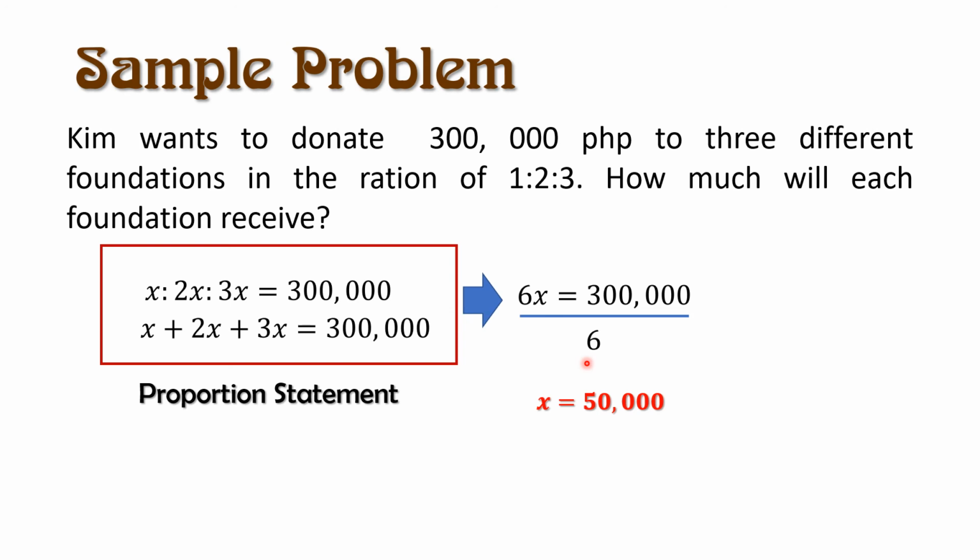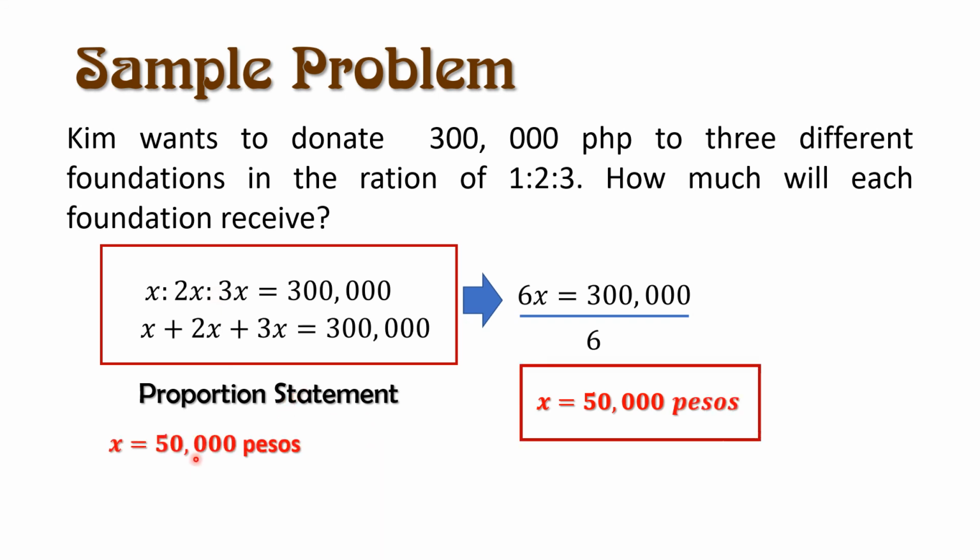And with that, since we already know the value of x, we can now substitute this to each ratio. Okay? So for x, we have 50,000 pesos. For 2x, that is 2 times 50,000, that is equal to 100,000 pesos.